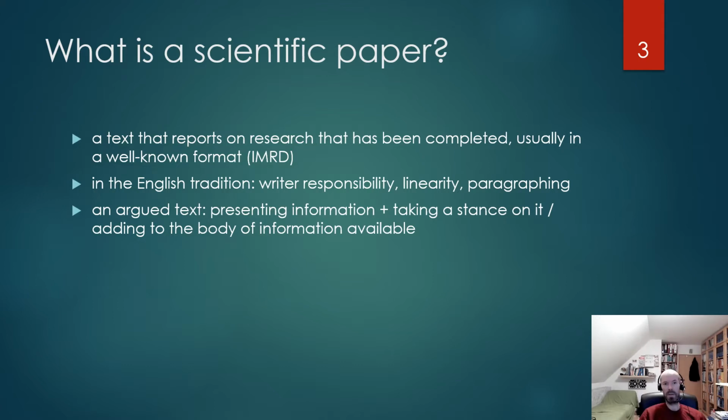Now, in the English tradition, research papers follow a number of conventions, and these conventions, which we'll look at in more detail later, are writer responsibility. So the writer is responsible for the clarity of his or her text.